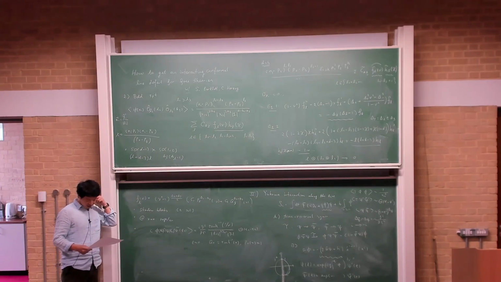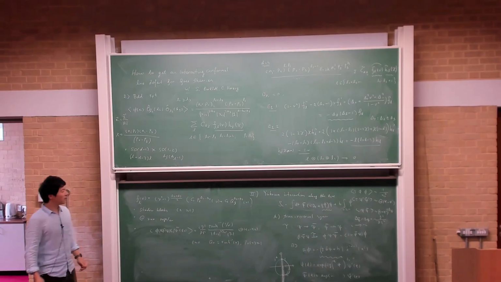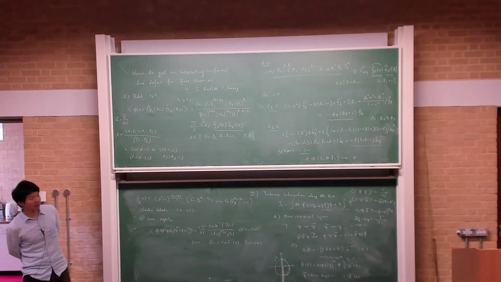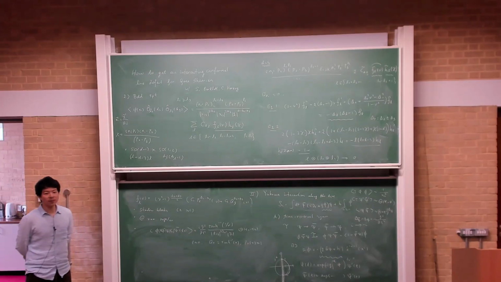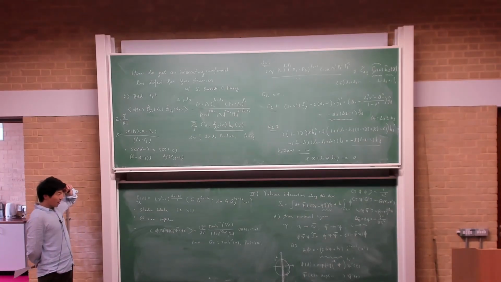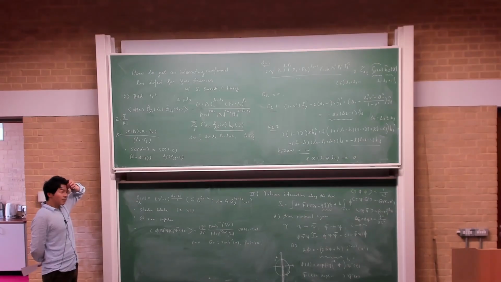And the last interesting thing is, normally when we talk about the defect, we can also analyze the localized RG flow through the so-called G function. And in this case, actually the G function vanishes.